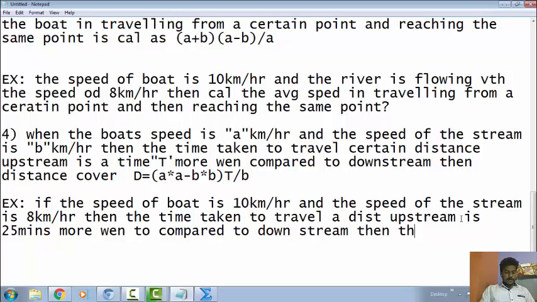Then the distance covered is equal to how much?